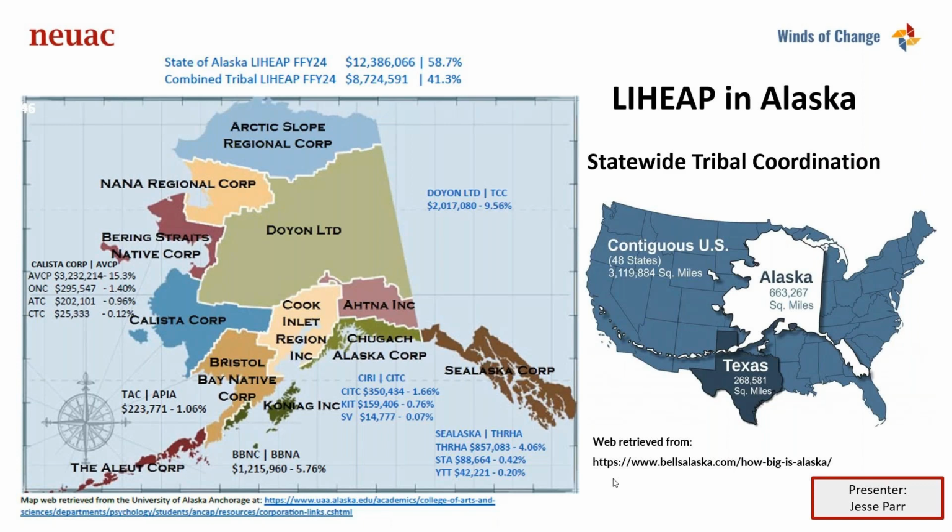The Alaska Native Claims Settlement Act from 1972, which is older than me, created 12 for-profit tribal corporations. And the only area that did not elect to create a tribal corporation was Metlakatla. Metlakatla is in the southern tip of southeastern Alaska, and it is the only reservation within Alaska.